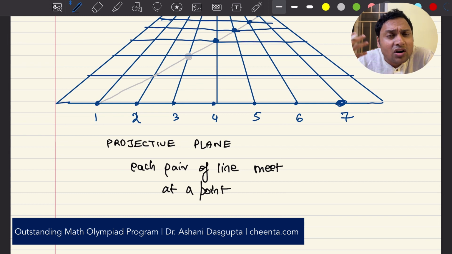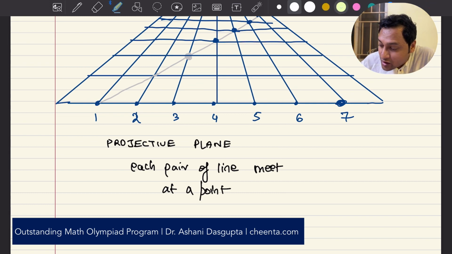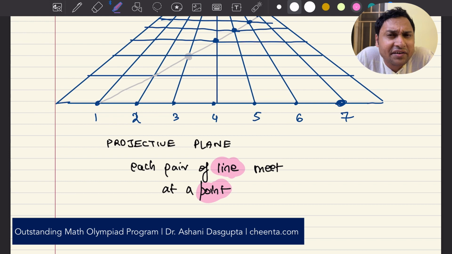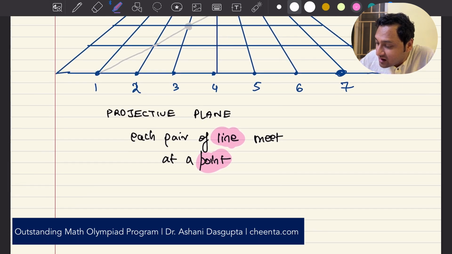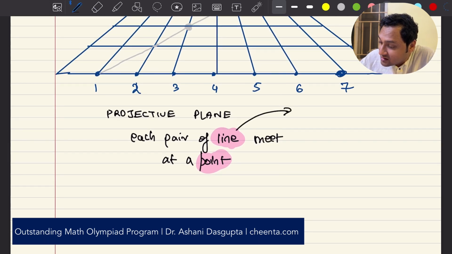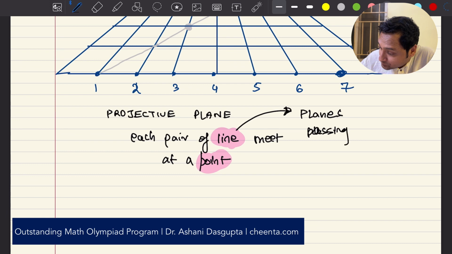There are various models of the projective plane. The word line and the word point can have very different meanings. Maybe in some future video, I'll give you one such model of the projective plane where the lines are the planes passing through origin in R3.